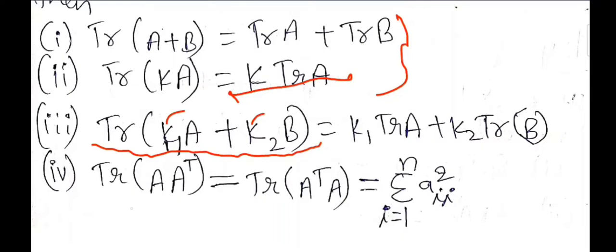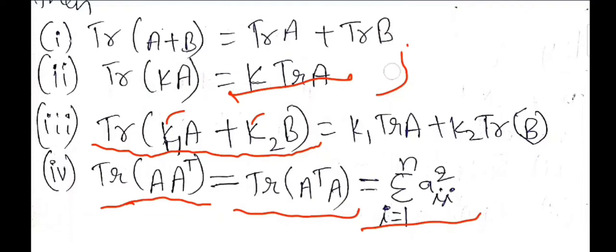Now this fourth property says that trace of A transpose is equal to trace of A, and trace of A transpose A is equal to this much. Now this is very interesting: we have not learned transpose yet.